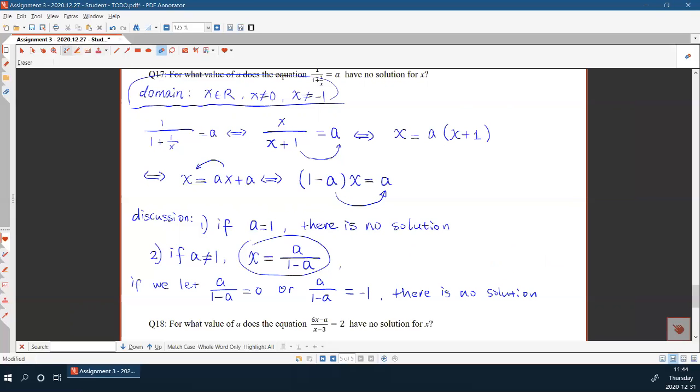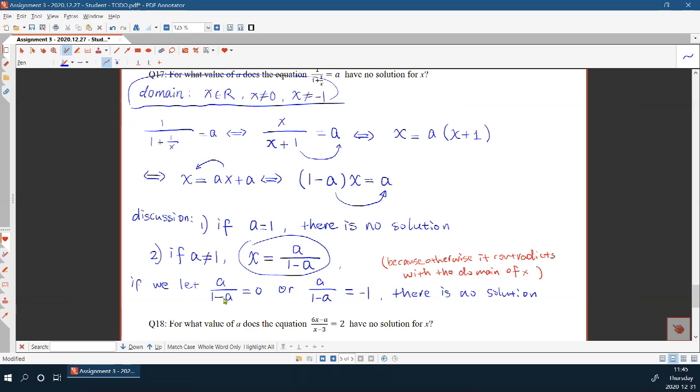Okay, I'll write it here. Because otherwise it contradicts with the domain of x. Okay.